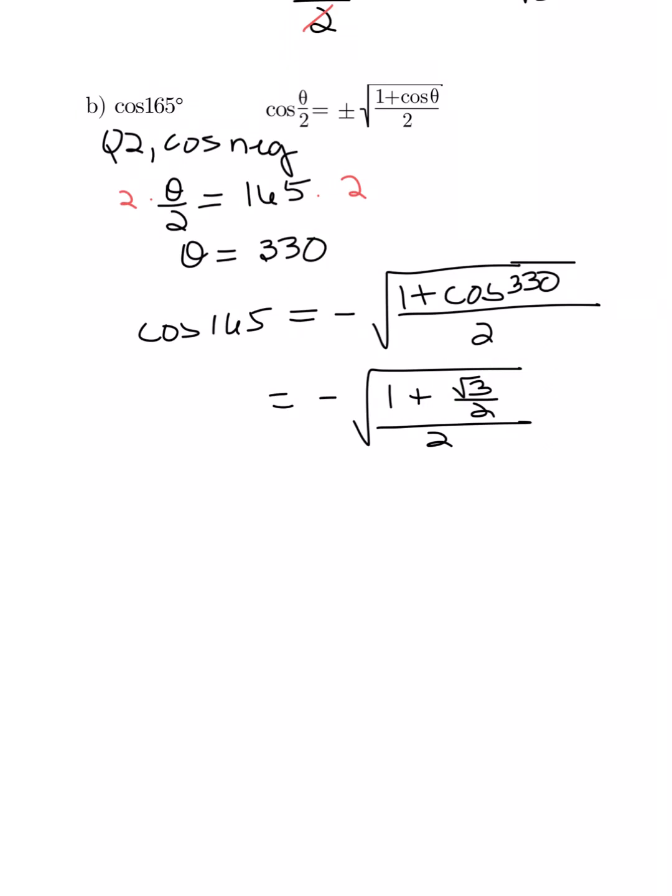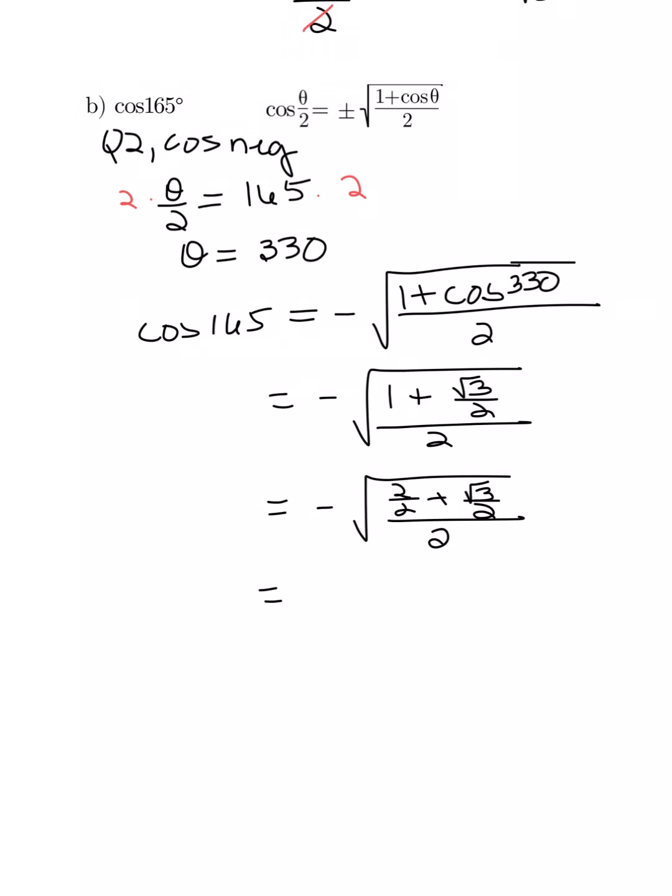Just like we were doing in our tangent formula examples, we need to get a common denominator for the two terms in the numerator. So we will rewrite 1 as 2 over 2 plus the square root of 3 over 2 over a 2.